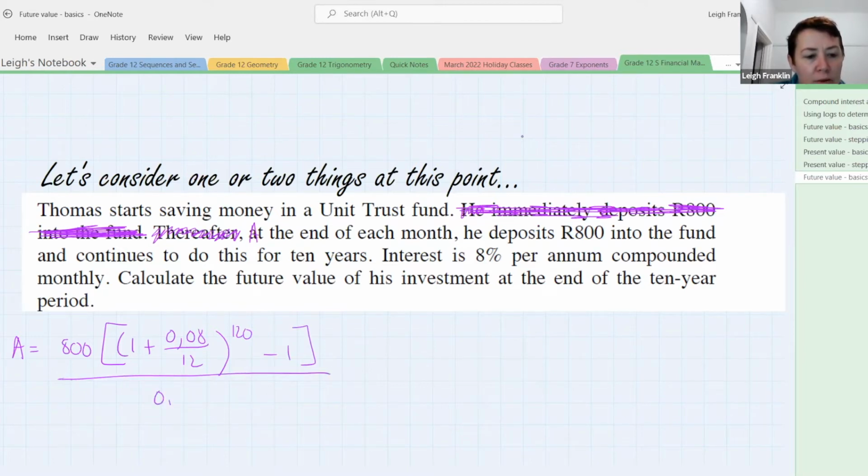Okay, 0.08 over 12. And when you pop that into your calculator, I think that you will get the answer that most of you have put up in the chat. Let's just double check. Don't forget with 8%, it's 0.08. A lot of people end up going wrong there as well.